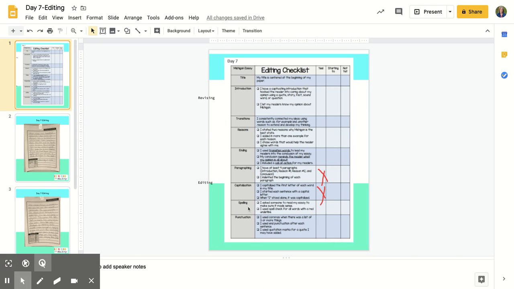Then I go to spelling. I asked someone to read my essay to make sure it made sense. So you do want somebody to go through your paper and read it to make sure that you're not forgetting easy words like a or the, because sometimes that happens when we're just getting our ideas down on paper.